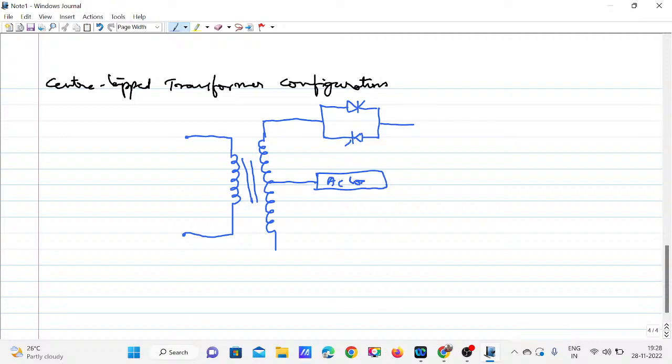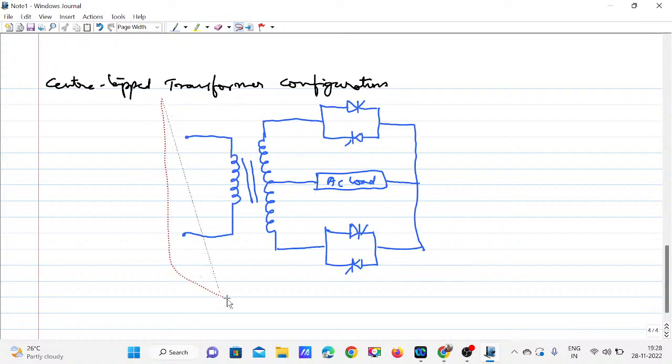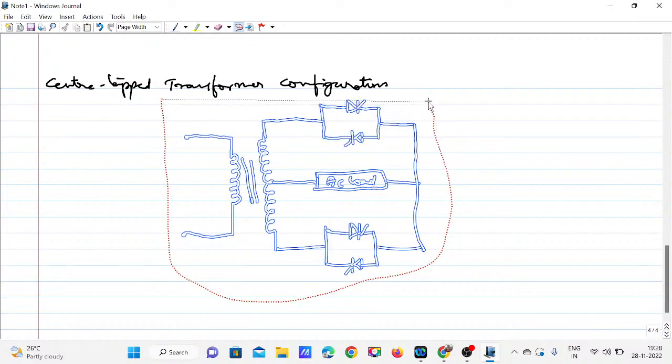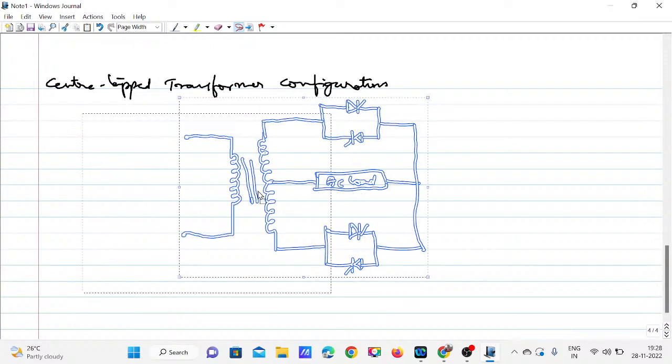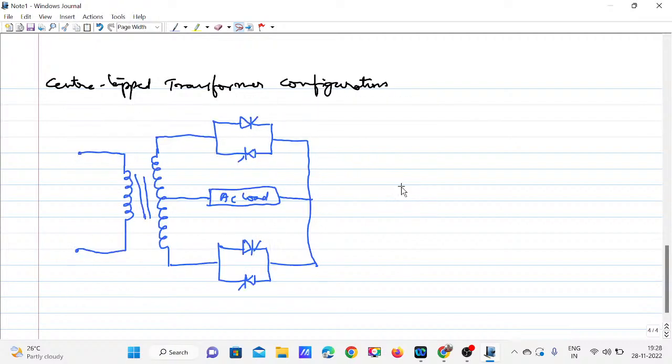Output is AC, so it is an AC load, and here again the same structure. It's coming like this. That's all.